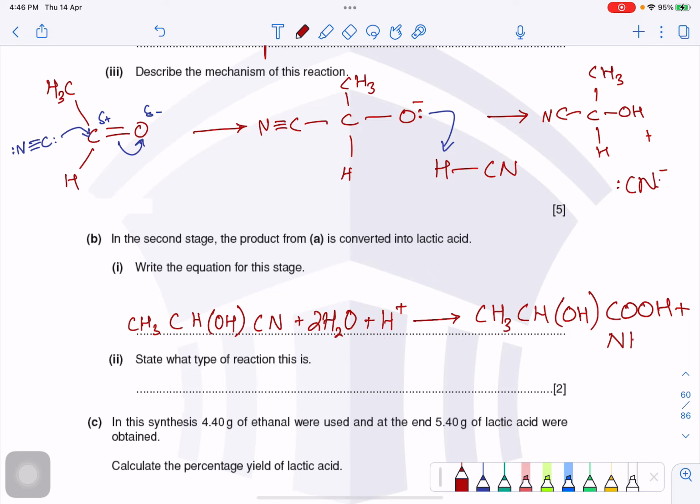It becomes NH4 plus. So the H positive is taking care of that as well. Now we have to balance it out. H positive is being given to the ammonia, but ammonia is made by taking NH3, so 3 hydrogen there, and COOH, 1 hydrogen there, so I need 2 water. Say what type of reaction is this? This is hydrolysis.